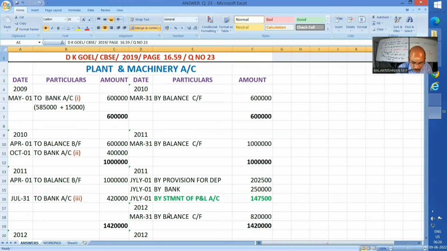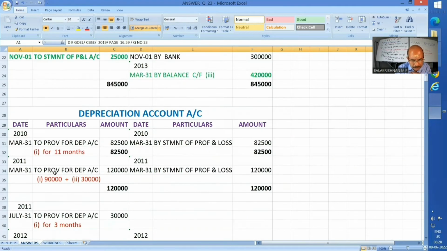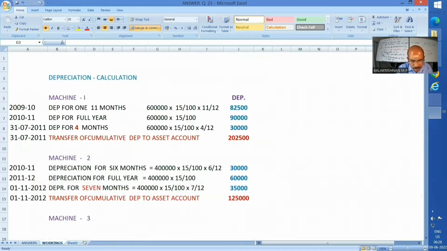On 1st October 2010, it purchased another machine for rupees 4 lakhs. So to bank 4 lakhs. Then we don't find anything happened before 31st March. So let us start the depreciation. So depreciation to provision for depreciation total comes 1,20,000, 90,000 plus 30,000. How is it like that?